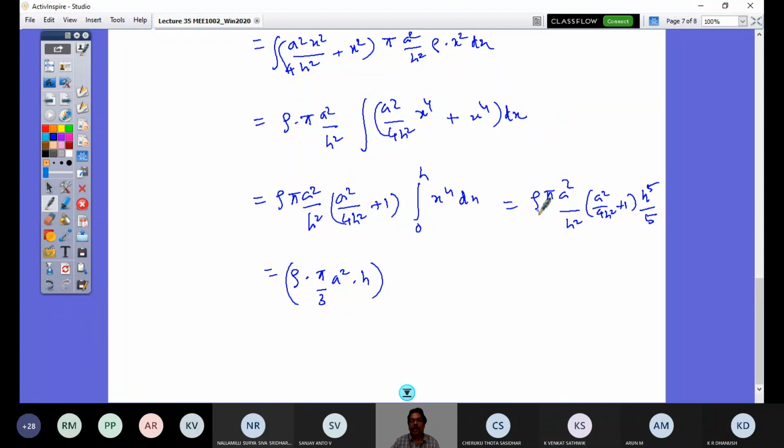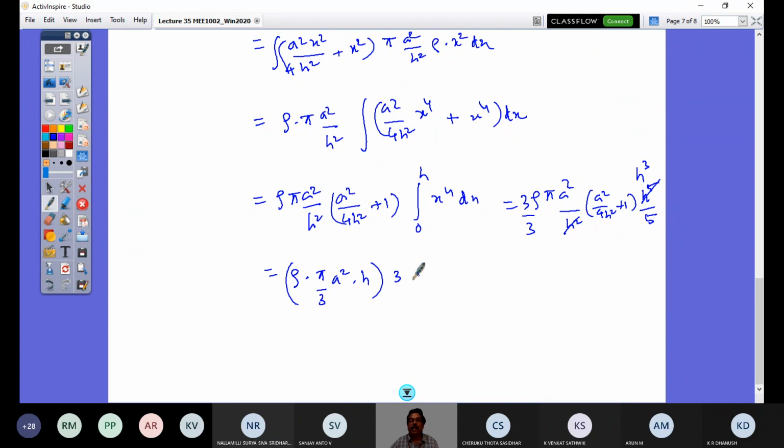So for this term I have to take rho pi by 3. So let me multiply by 3 divided by 3. So I would have 3 out here. Rho is taken, pi is taken, a squared is taken, and this is h squared, and this is h cubed now. So h cubed I can write as h squared and h.